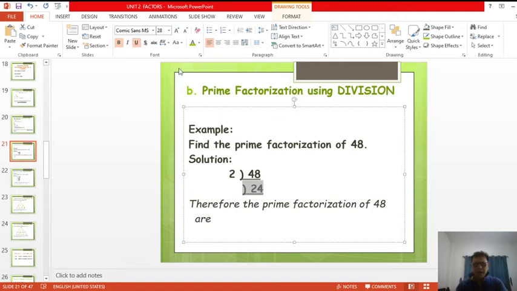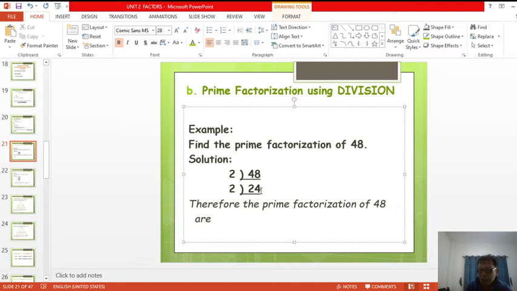After that, you divide again. What prime number can you divide here? Again, you can use 3, but it's better to use 2 since you can use 2. So I will write down 2 here. After that, again, you divide 24. It's like this, the operation, don't be confused.